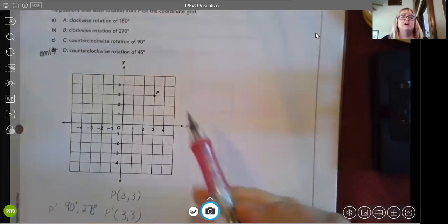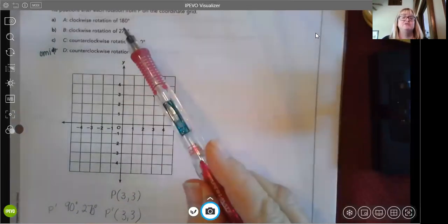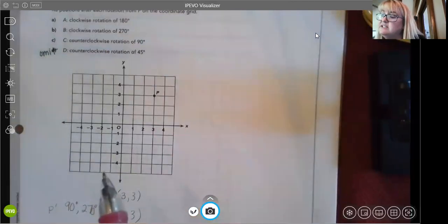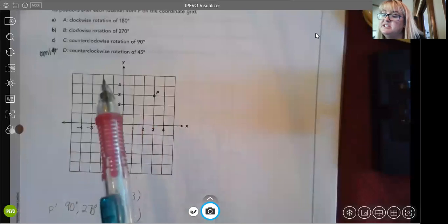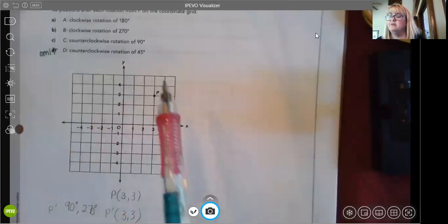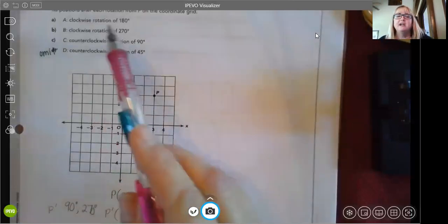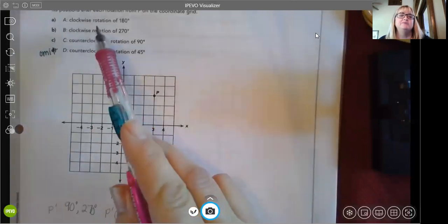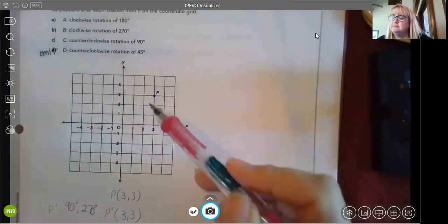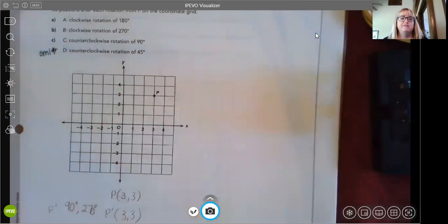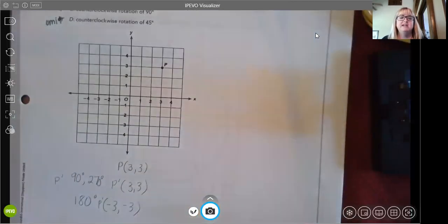A says a clockwise rotation of 180 degrees. All right, let me read what it says. Draw and label his positions after each rotation from P on the coordinate grid, A. So we're going to label A a clockwise rotation of 180 degrees. The rule of thumb for 180 degrees, we already said, is make the signs opposite on your ordered pair.